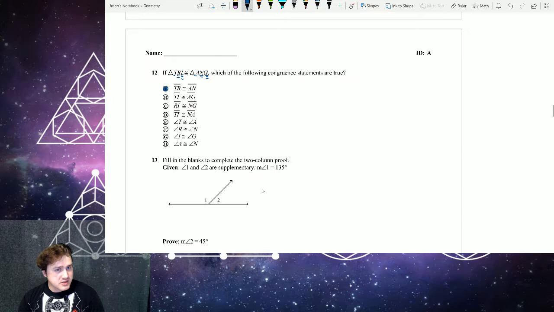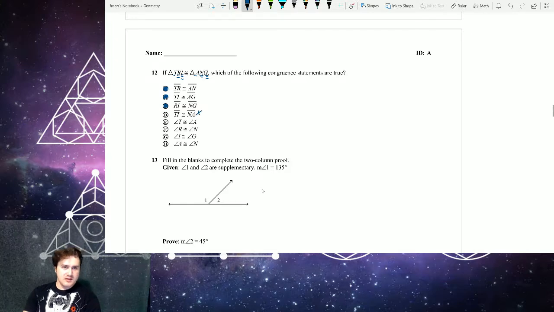Those match up. TI and AG, first and third, first and third. Good. RI and NG, second and third, second and third. Good. TI and NA. TI is first and third. NA is second and first. Does not work, so it is not D.